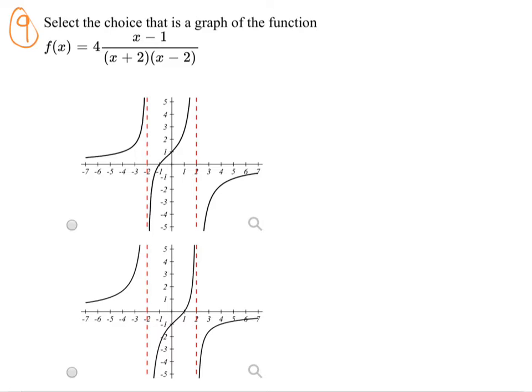So how does this work? Well, the denominator, so that would be x is negative 2 and x is positive 2. Those will make the denominator 0, won't they?